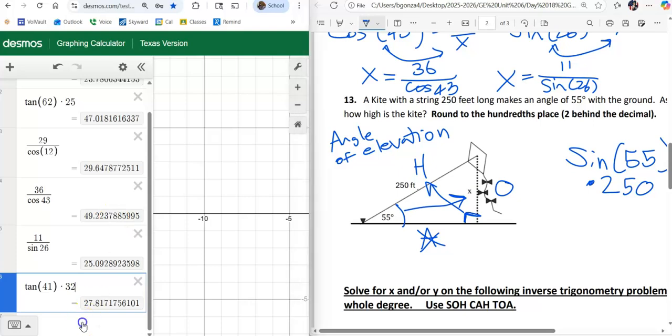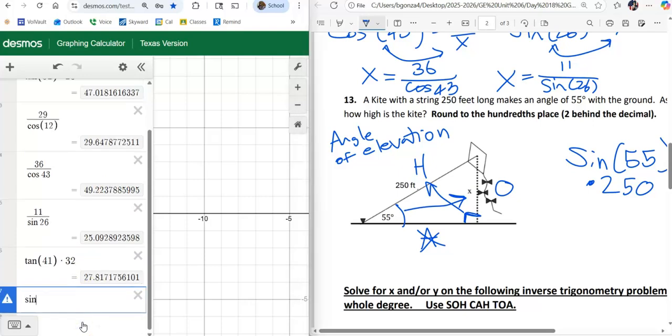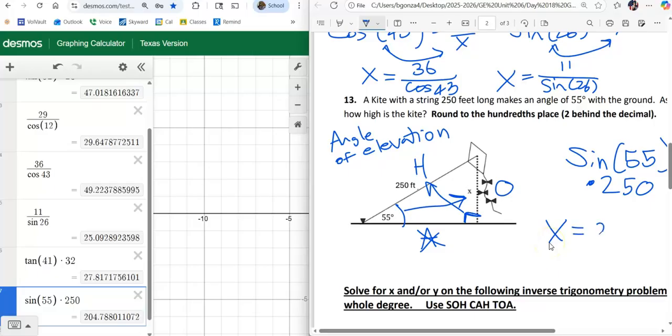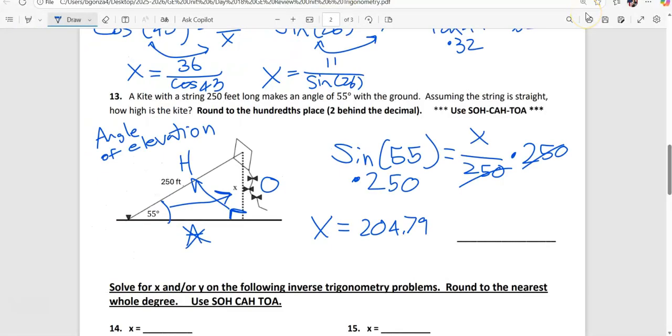Let's see here. Sine 55 times 250 gives me 204.79. And my units of measure are feet. Cool.